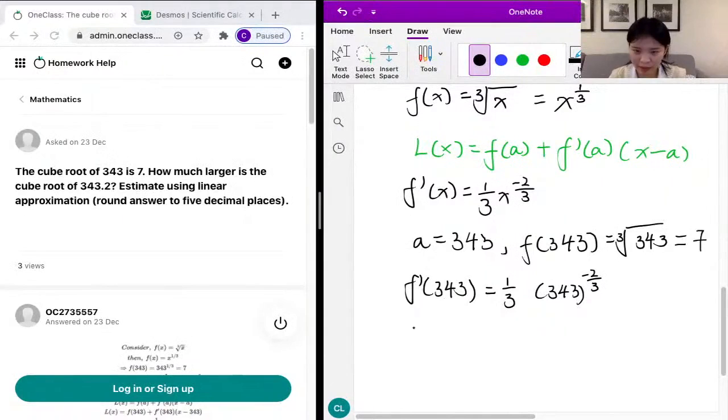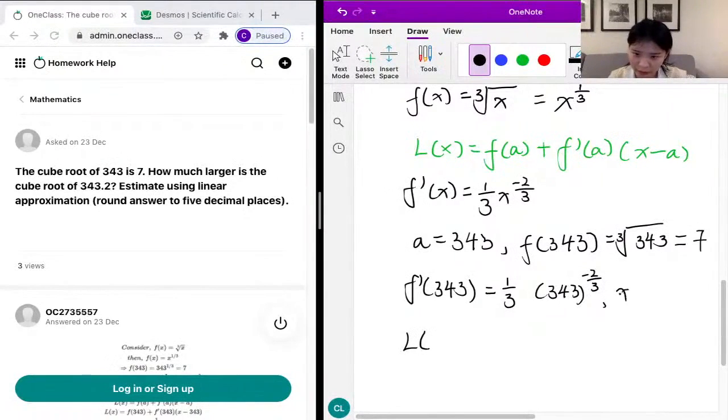So now we just use the equation. We have L of x, where x is the value we want to approximate, 343.2.